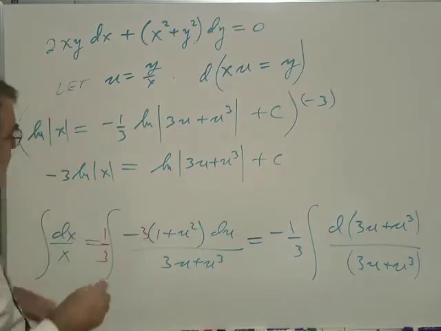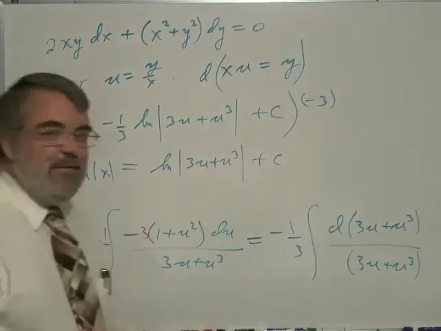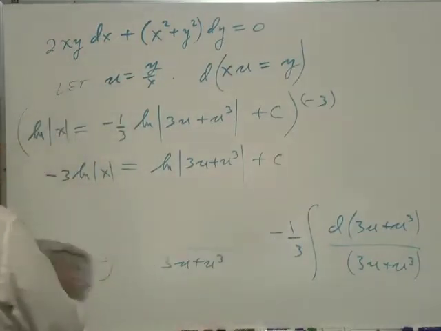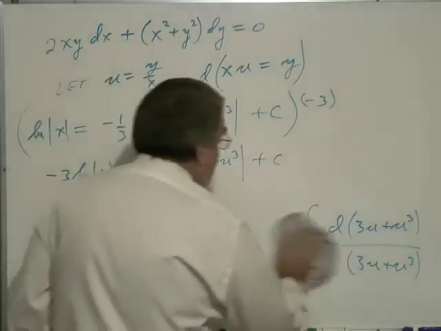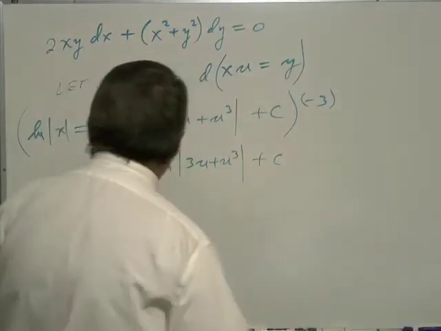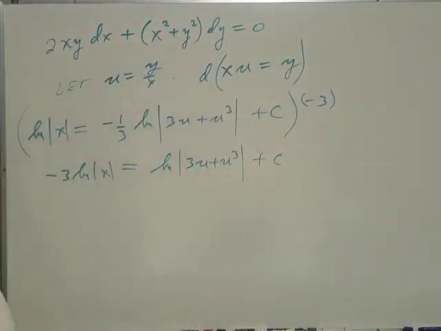So, again, we can play kind of fast and free with our constants. So I'm renaming my constant as c. Now, how are we going to finish this thing?